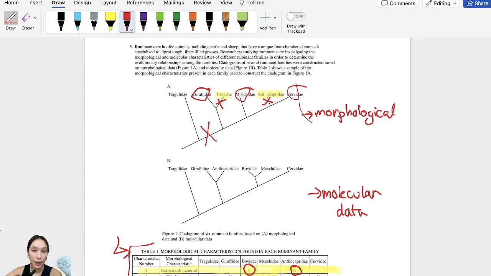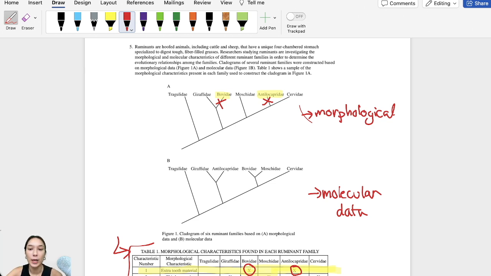And based on our table, we know that's not true. So these actually developed separately, which is interesting. So you actually had to draw 2 of these. And so there were 2 separate evolutionary events where extra tooth material developed, okay?